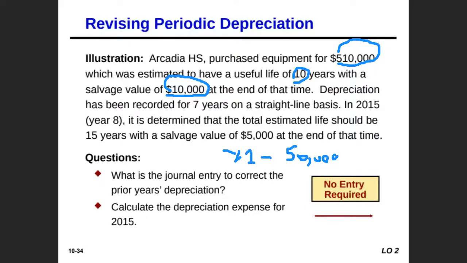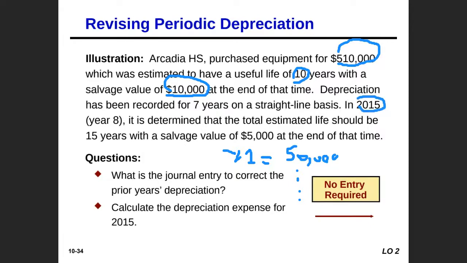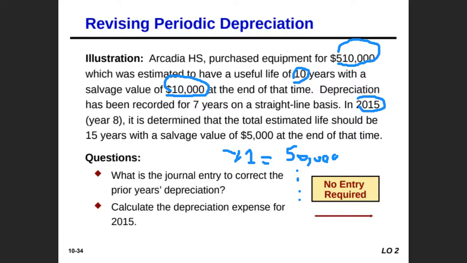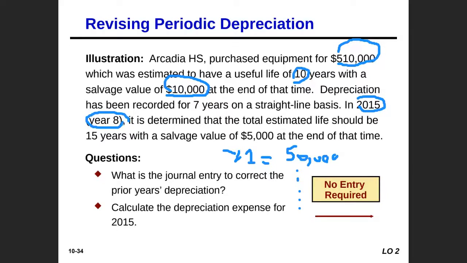This is the depreciation. What will be the depreciation in year 2? Same, remember. Year 3 is the same, 50,000, 50,000, until you reach 2015, which is the 8th year. So in the first 7 years, the depreciation is the same, 50, 50, 50.